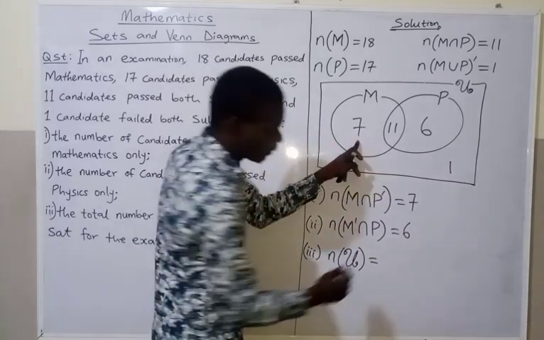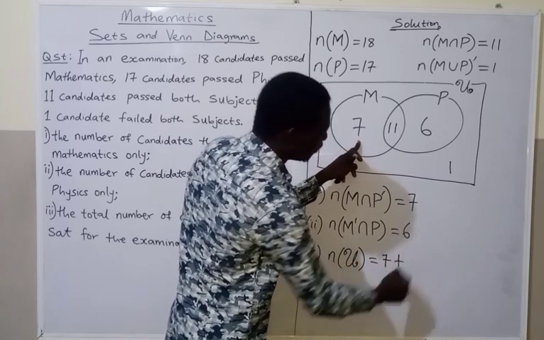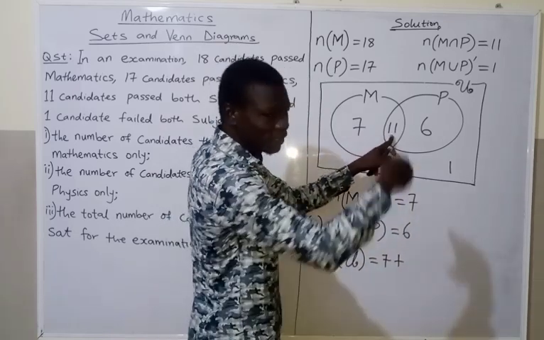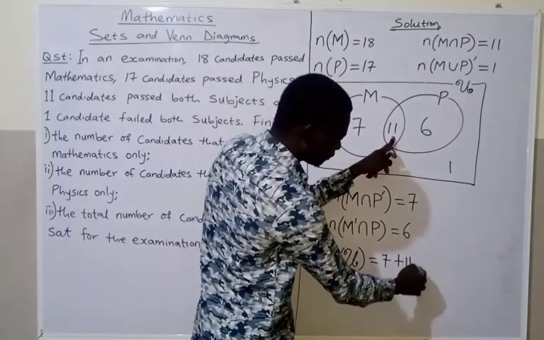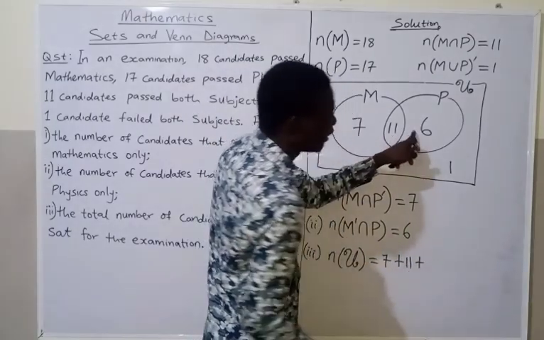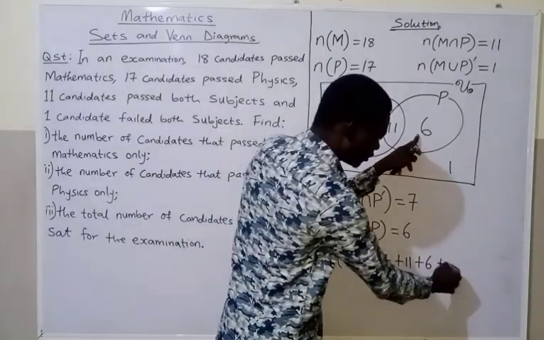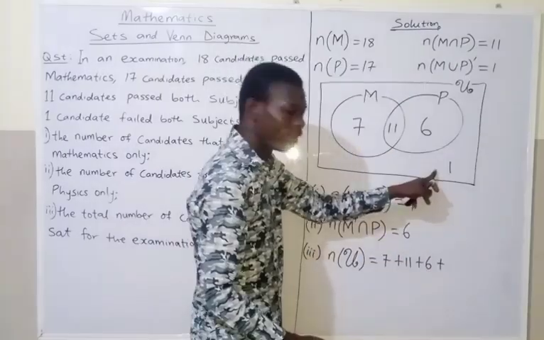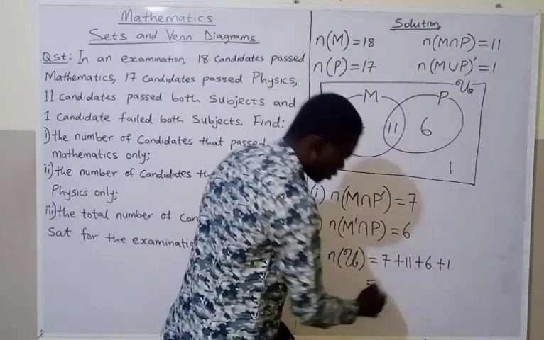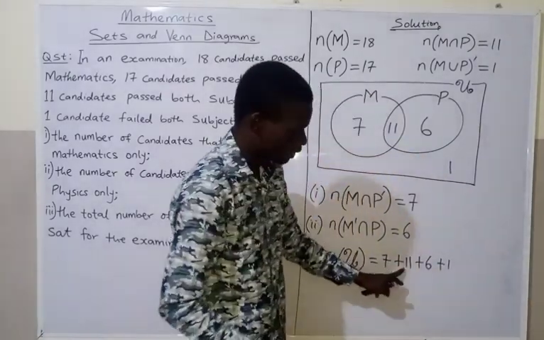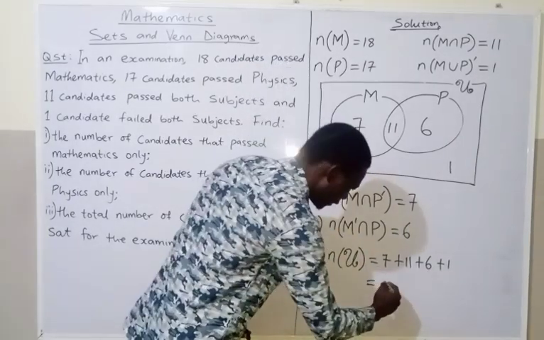And that's going to be number of candidates that passed mathematics only, plus number of candidates that passed both mathematics and physics, 11 of them, plus number of candidates that passed physics only, 6, plus number of candidates that failed both subjects, 1. And of course, what are we going to come up with? 7 plus 11 is 18. 18 plus 6 is 24. 24 plus 1 is 25.